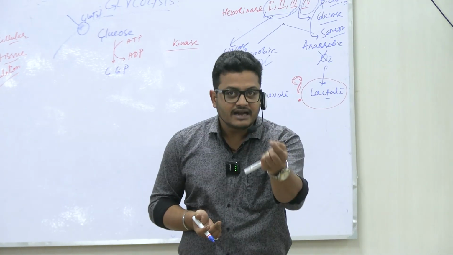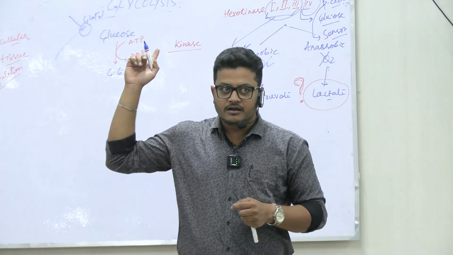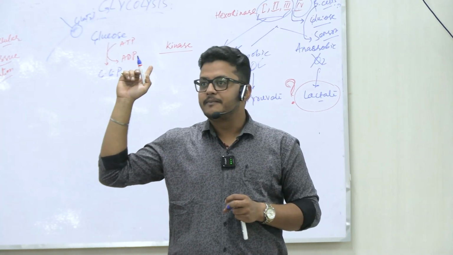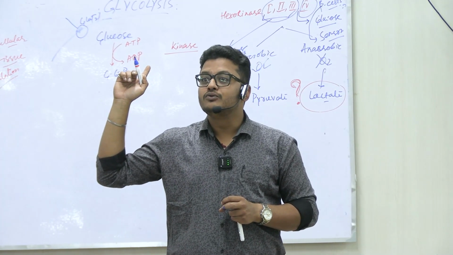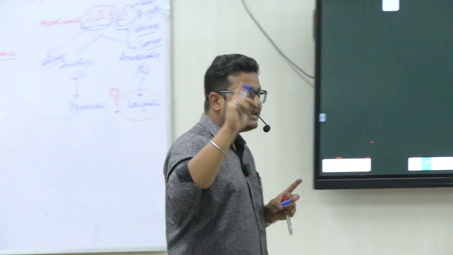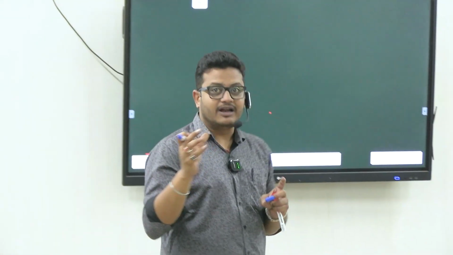Who controls that? Remember the transporter? What was that transporter? GLUT2. It is present in beta cells of the pancreas. I have told you that it also acts as a sensor of blood glucose level.